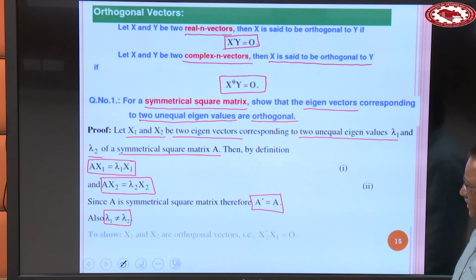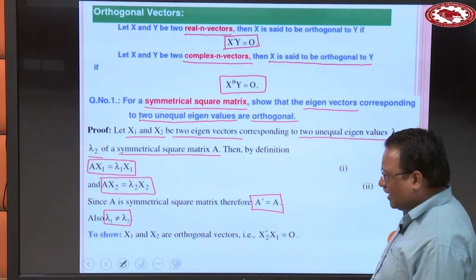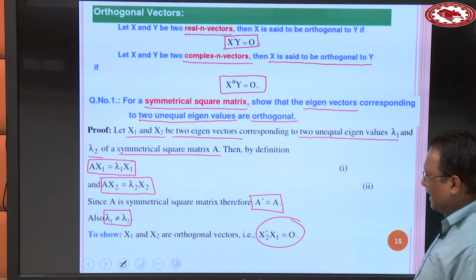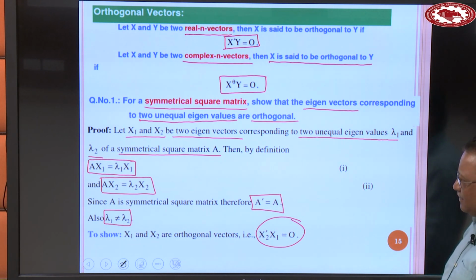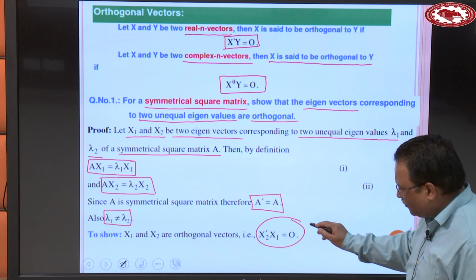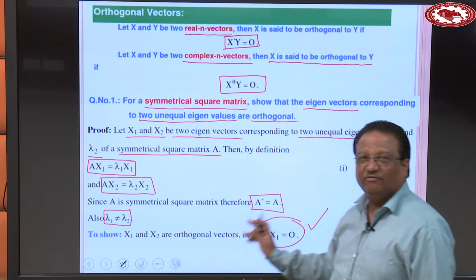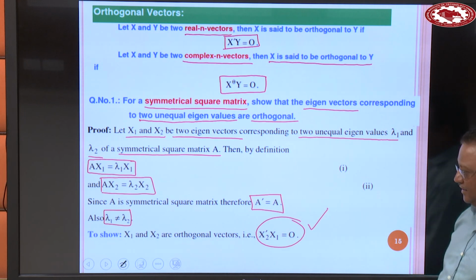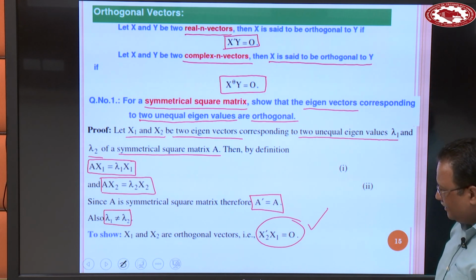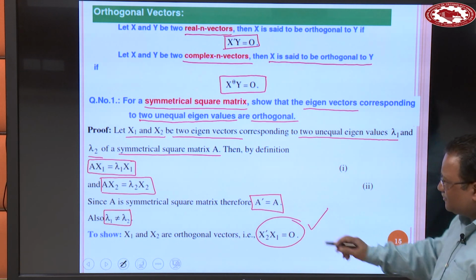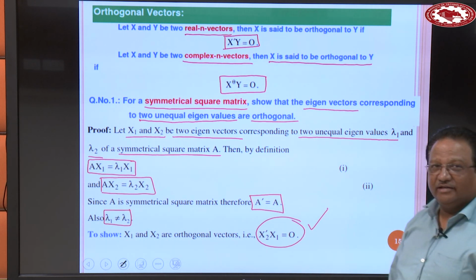Clear? To show that x1, x2 are orthogonal vectors, we have to show that x2 dash x1 is equal to O. Now all these values are given and you have to prove this by using all these important results. You have to show that x2 dash x1 is equal to O. This means x1 and x2 are orthogonal.